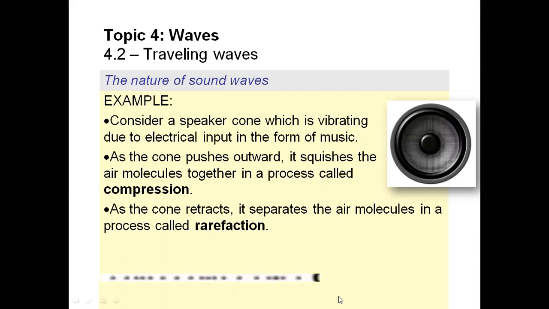If we look at the air molecules, they are pushed or move back, and we will have different areas. When we have more air molecules together, we call that area compression. But when we have fewer air molecules together, we call that rarefaction.